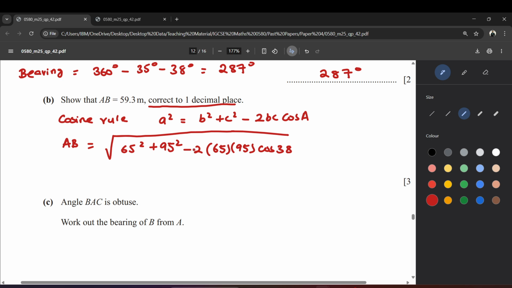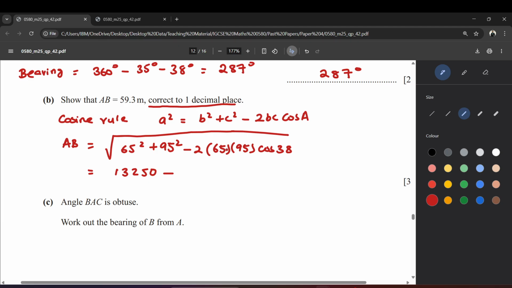Now don't just plug in everything into a calculator and then give the answer. Try to work some of the values out. So if I am to work out 65 square plus 95 square, so that should be 13,250 minus, if I just leave cos 38, because definitely this is going to give me a value in decimals, and I just work this one out.